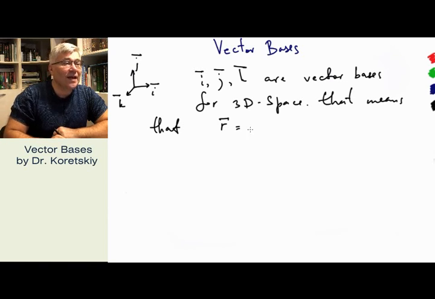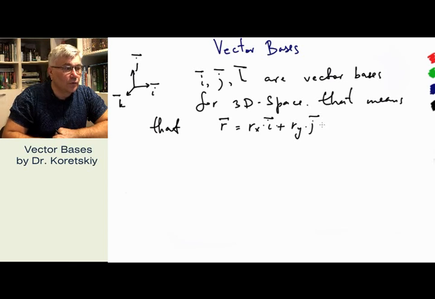And it means that any vector R in 3D space can be represented as a linear combination of i, j, k, so that beside each of the vectors as a factor you have to put the components of the vector R.